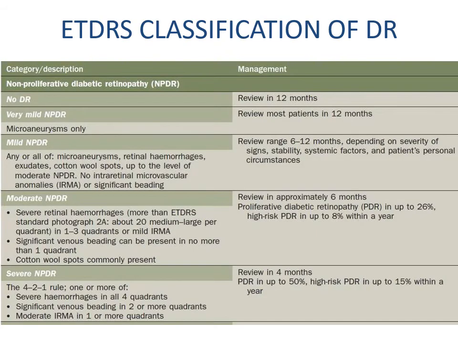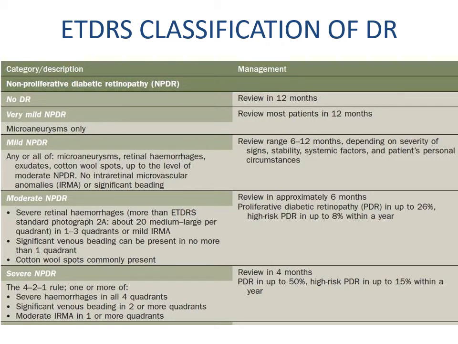So this is the ETDRS, that is the Early Treatment Diabetic Retinopathy Study classification for diabetic retinopathy. This categorizes or grades diabetic retinopathy into non-proliferative diabetic retinopathy or NPDR, then proliferative diabetic retinopathy or PDR, and then advanced eye disease.